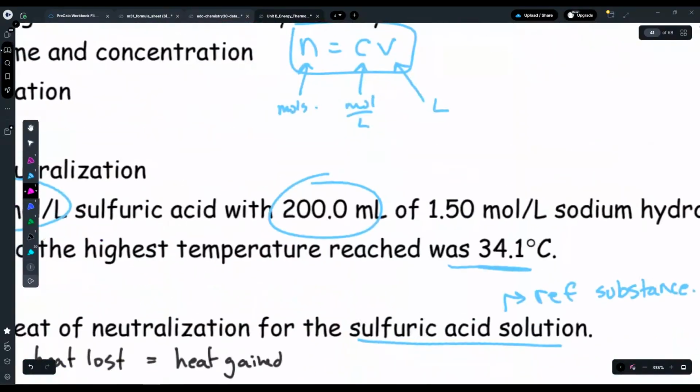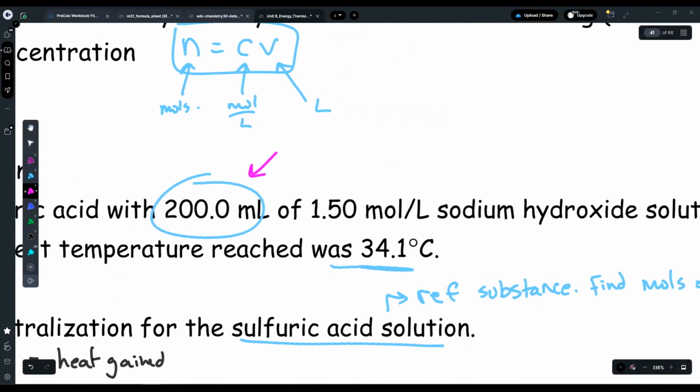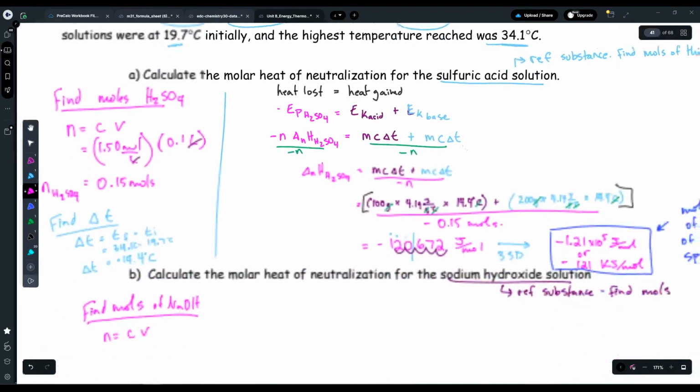So we're given 200 milliliters of sodium hydroxide. To convert 200 milliliters to liters, you just divide by 1,000, so that's going to give you 0.2 liters.